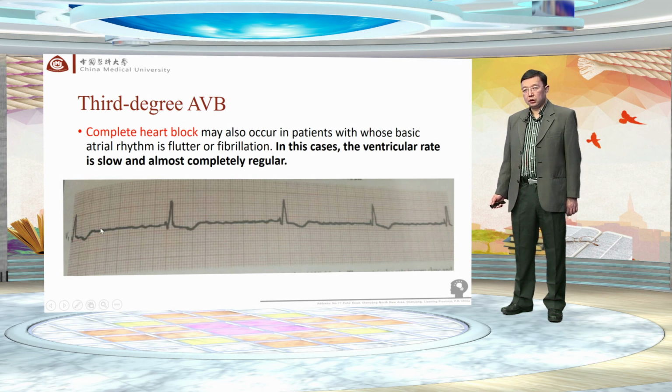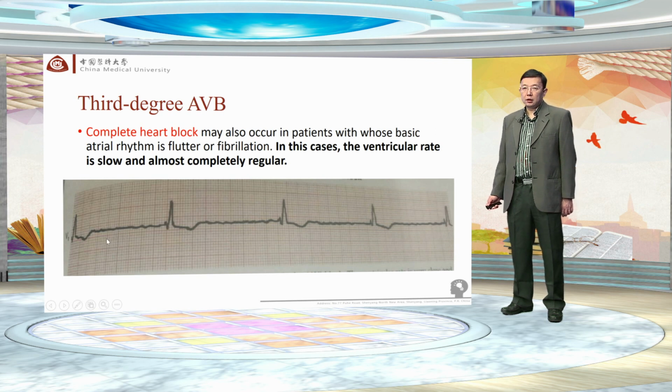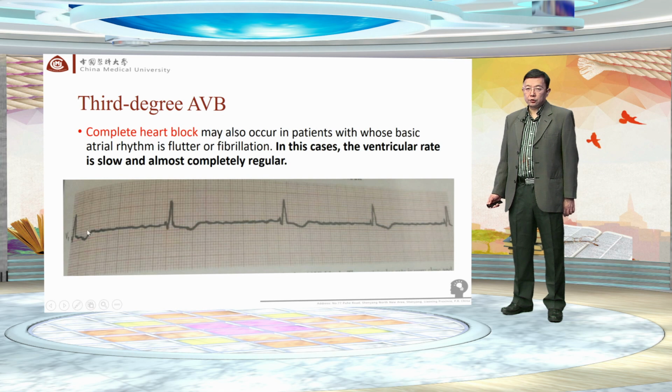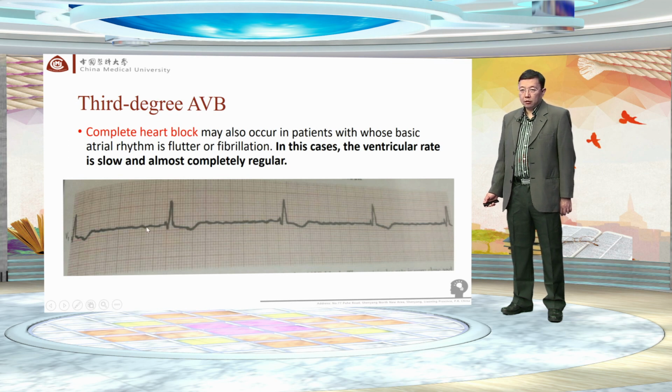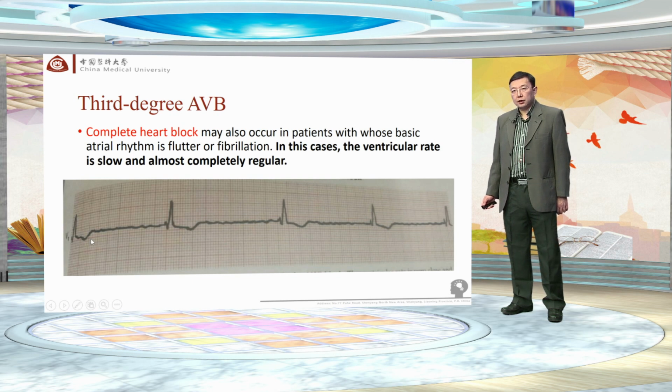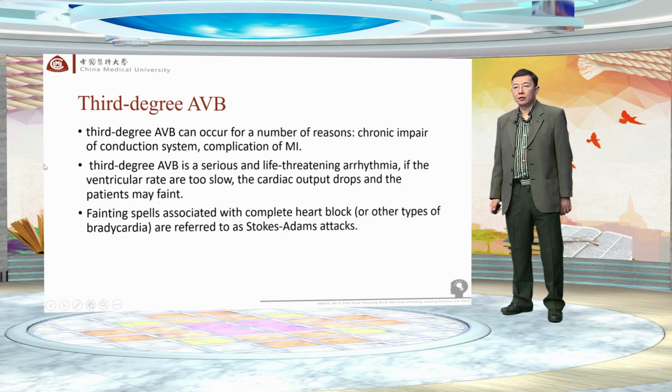For atrial fibrillation patients without AV block, the RR interval is irregular. Here the RR interval is regular. It means the patient has third degree AV block. The QRS has no relationship with atrial activity.